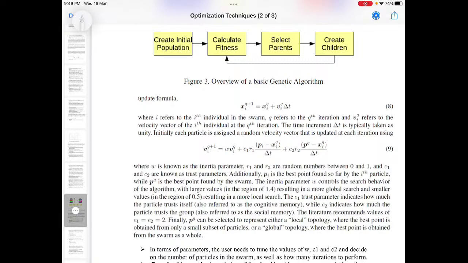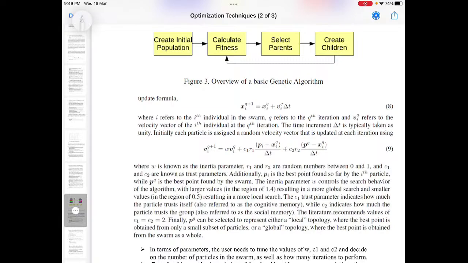So actually the particle has to trust either the cognitive memory, that is, whatever its own brain says, or the social memory. Social memory corresponds to the memory of other particles, based on the experience of other particles. So C1 is the trust parameter indicating how much the particle trusts itself, meaning it relies on its own memory, the cognitive memory, or logic.